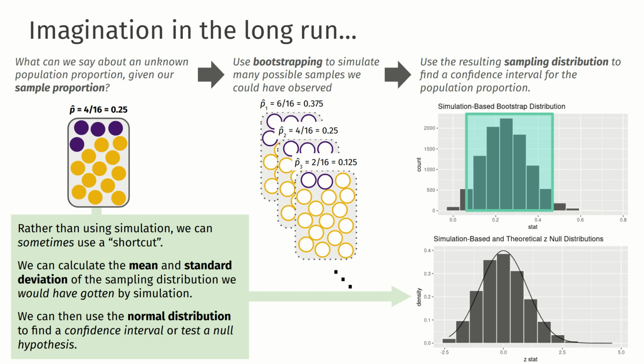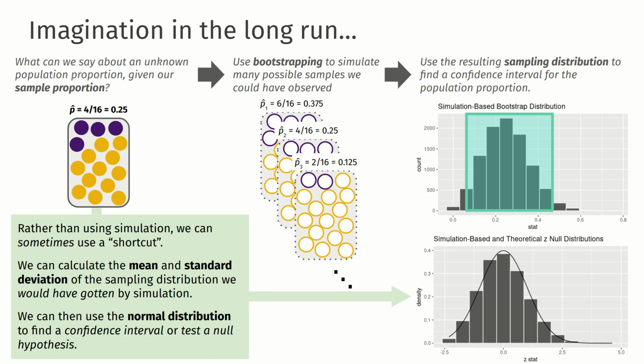The trick that we're going to be doing today is, rather than go through this process of doing many hundreds or thousands of simulations like this, we can sometimes take a shortcut. By which I mean we can figure out mathematically what the mean and standard deviation of this sampling distribution would be if we had conducted many, many different simulations like this.